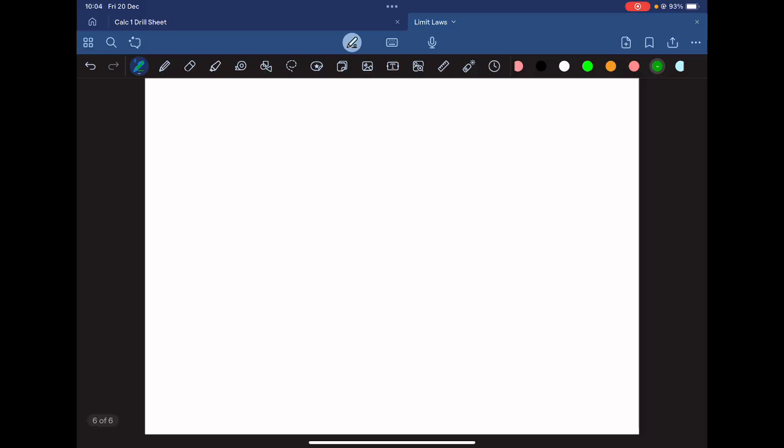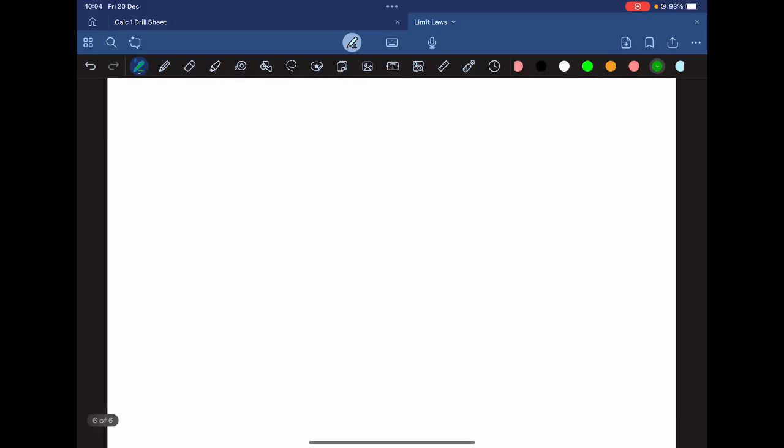Okay, now let's move to the third type of question that you might get, right? Now you can have this. Let's say you are told to find the limit as x approaches 0 of (the square root of (x squared plus 100) minus 10) out of x squared. Now, the first thing to do, as always, is put in the 0.